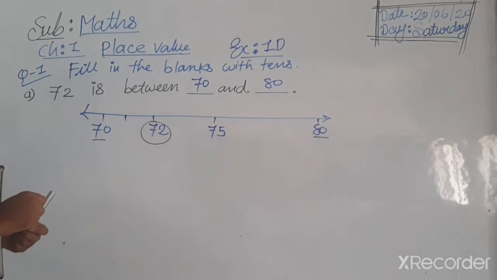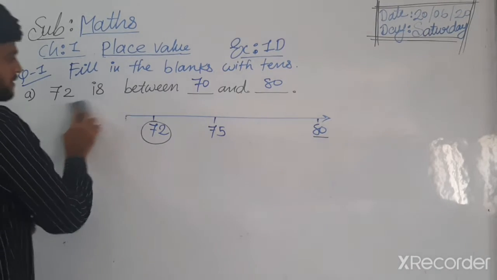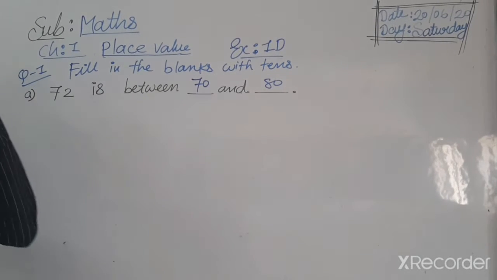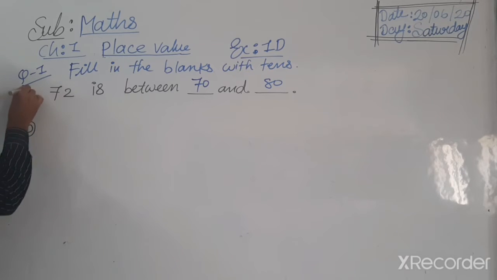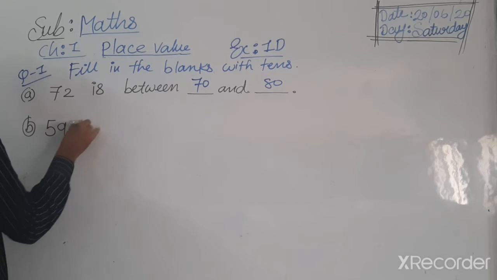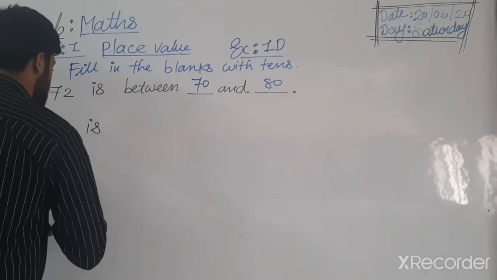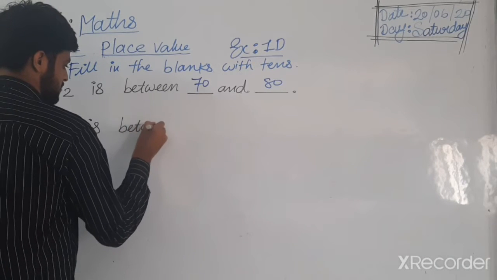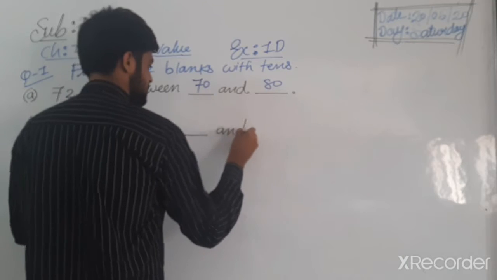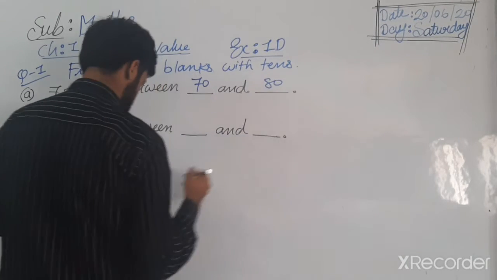So now let's move on to the second one. The second question is: 59 is between dash and dash.